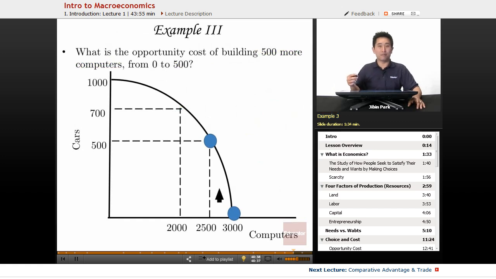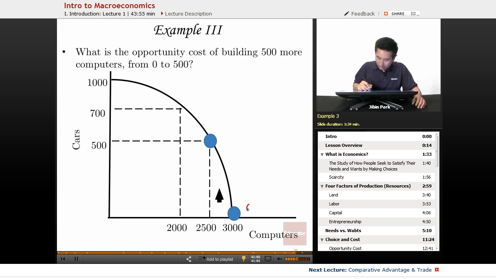Now let's take a look at example number 3 here. Now we're going to work out the same exact scenario, except now we're going to flip it so that you're able to understand opportunity cost on this production possibilities frontier, both going left to right, but also moving down to up as well. So let's assume that you've built 3,000 computers, but you have no cars.